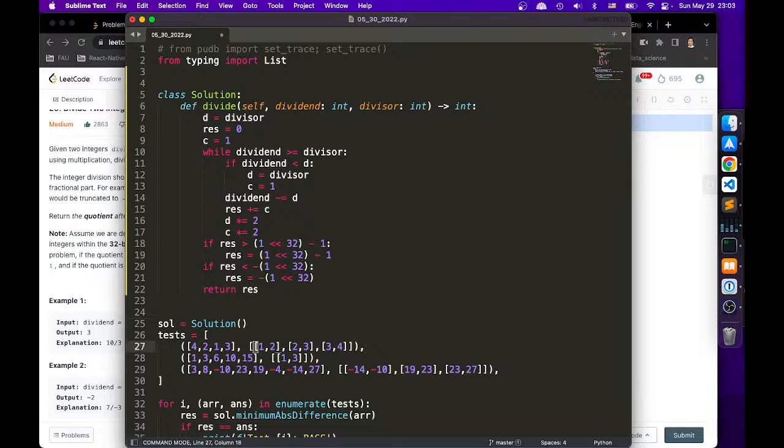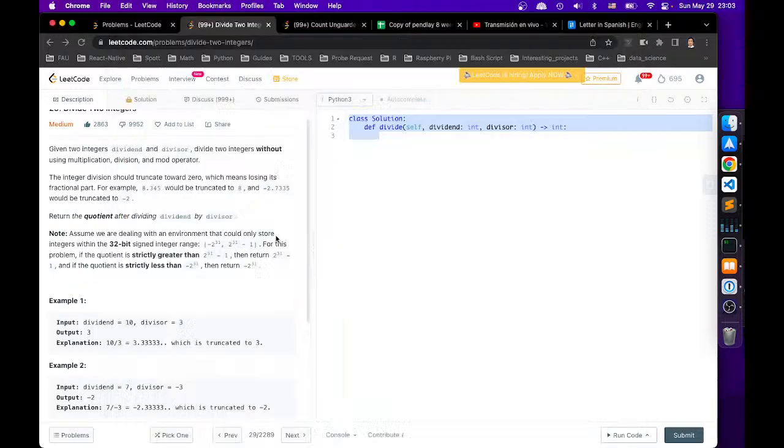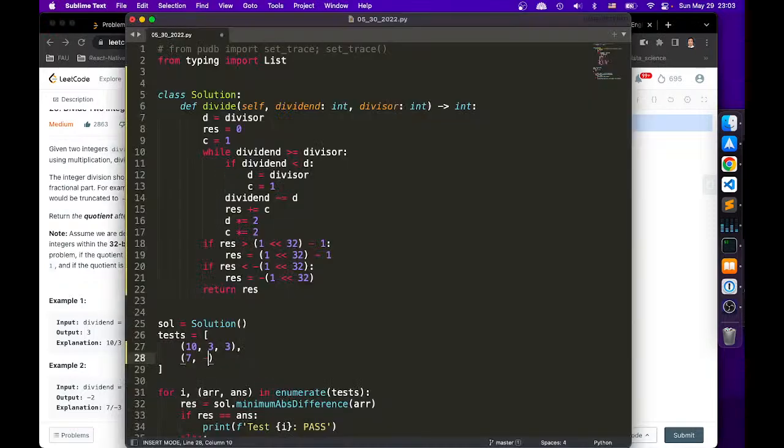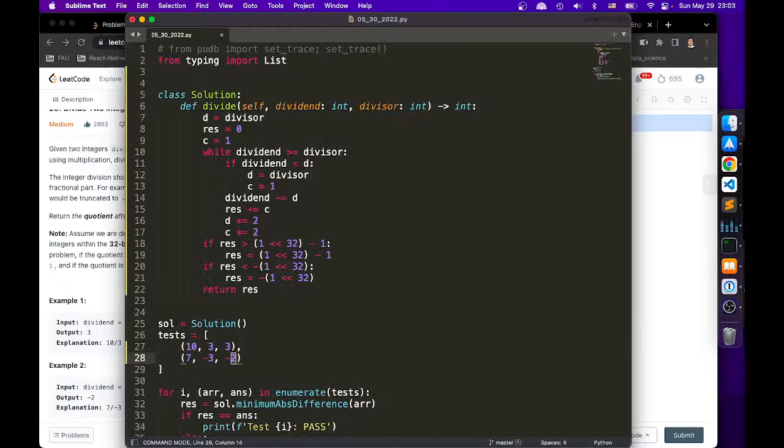I'm not sure, but this one I can do very simple test. Or just a random number, but kind of lazy. So the first one is 10, 3, 3, of course. 7 minus 3 minus 2. Ooh. That's the problem.